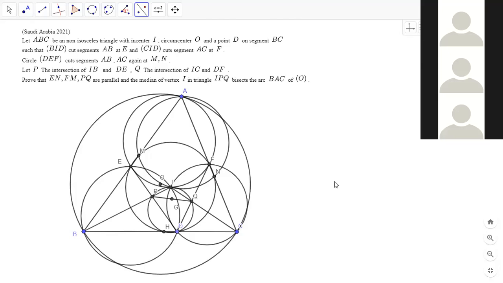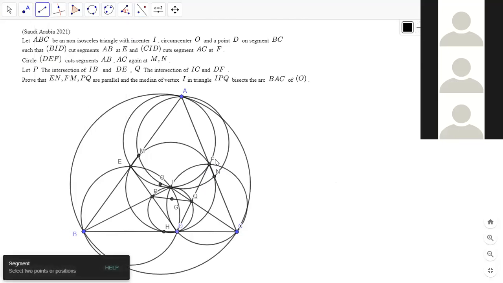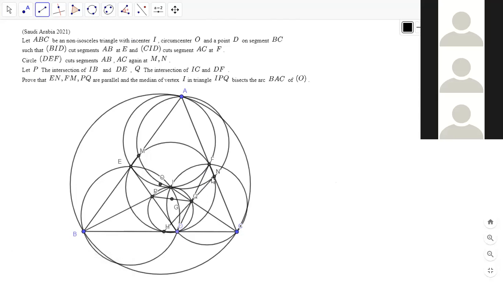So that's why H, Q, and N have to be collinear, because basically angle HQD, we want to show it's the same as angle FQN. Yeah, because it's just symmetry, since F, Q, and D are collinear and everything's just a reflection, then yeah, H, Q, and N have to be collinear. Okay. And then we could use Reim's theorem, so we could show PQ is parallel to the two of them.